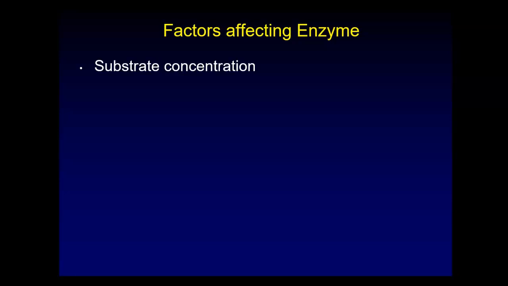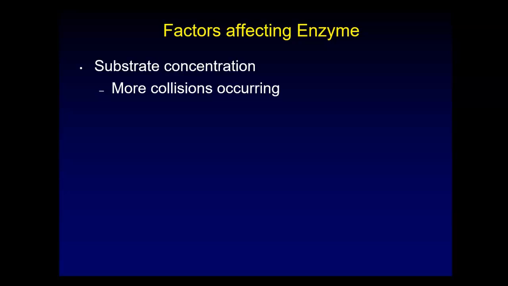If there isn't any substrate present, then the enzyme is not going to be active. But the more substrate that is present, the more collisions that you're going to have. So the activity of the enzyme will increase because if there are more substrate molecules present to fill the active sites, the more product that we're going to get.